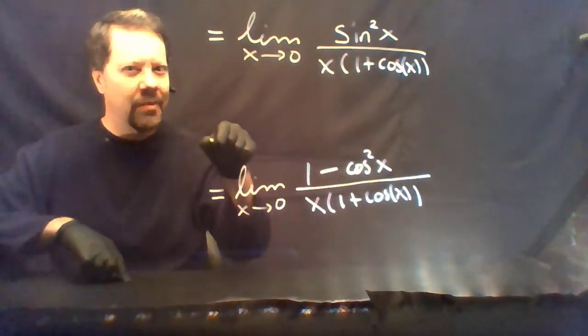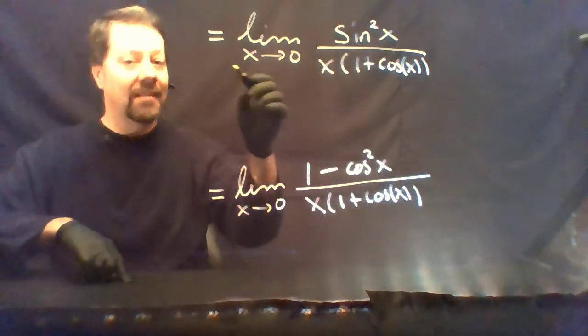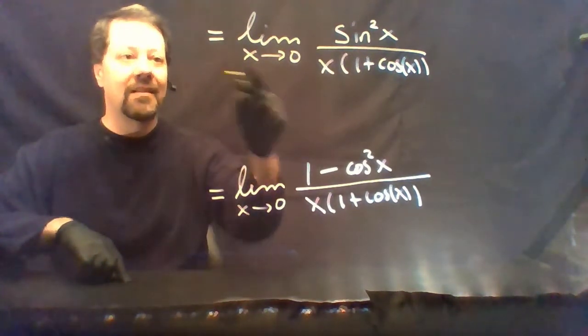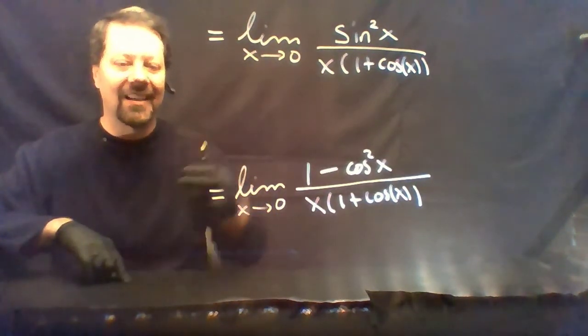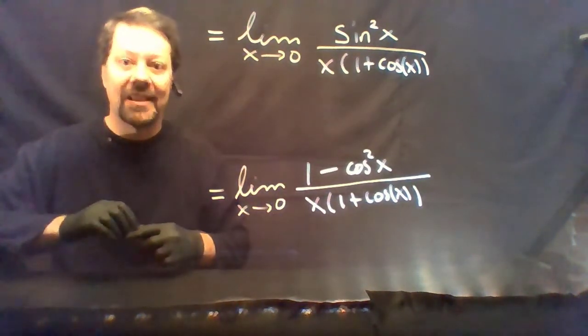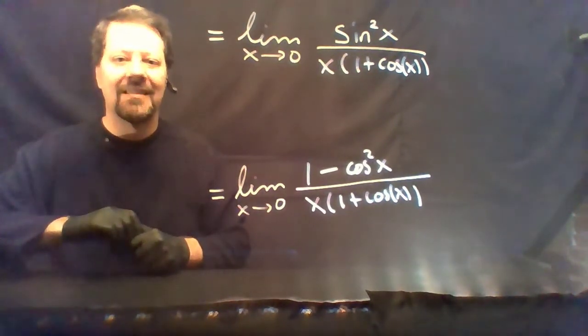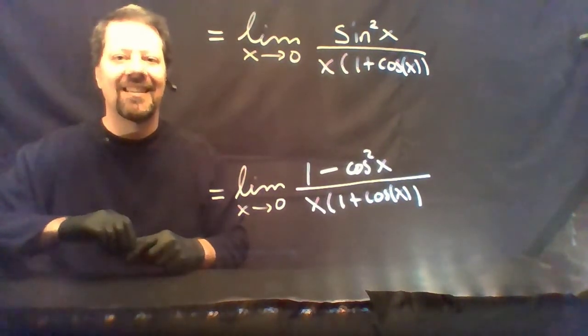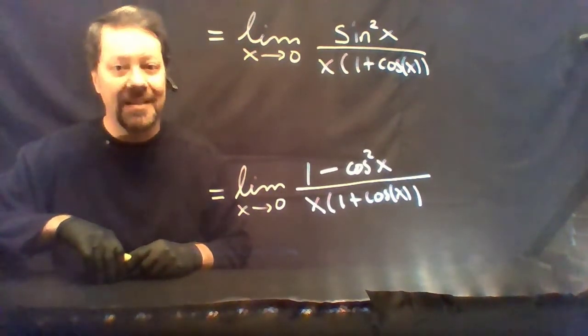Don't get cheap with me. Don't leave stuff off. When you leave stuff off, two things can happen. One, you're making false statements. It's no longer equal. And second, you could forget to evaluate the limit in the end. I see students doing this all the time. Be careful with your notation. Math professors usually frown upon their students making false statements.